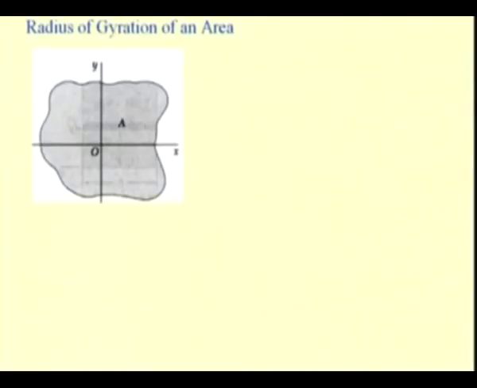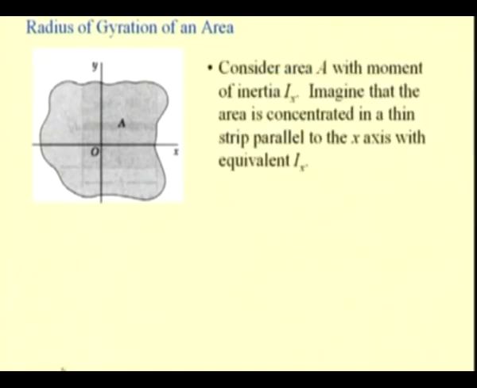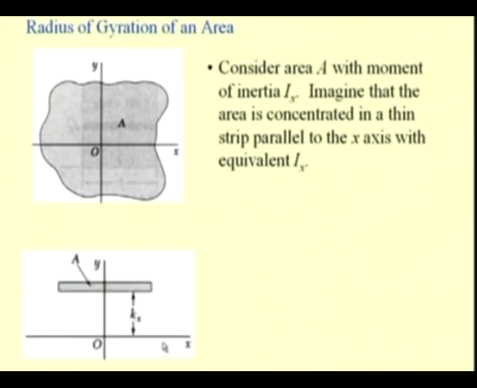So, let us say we have this area A and we are interested to find the second moments with respect to this x and y axis passing through O. For finding the second moment with respect to x, we imagine that a thin concentrated area exists whose second moment with respect to this x axis is the same as the second moment of this area with respect to the x axis.